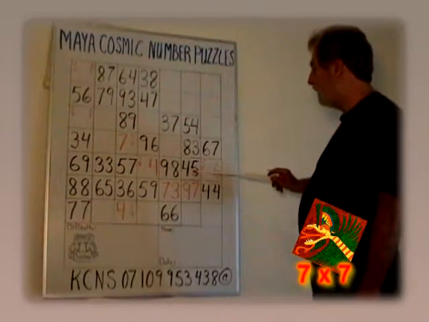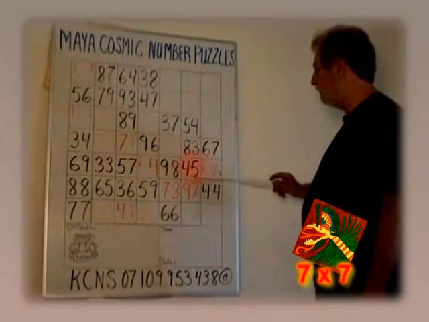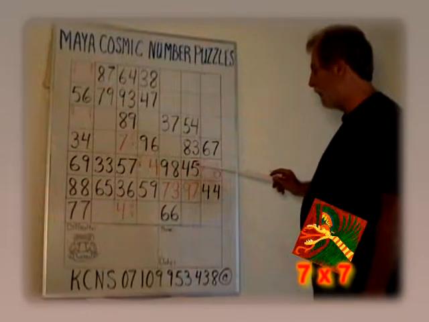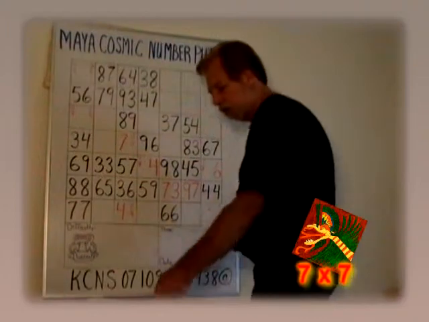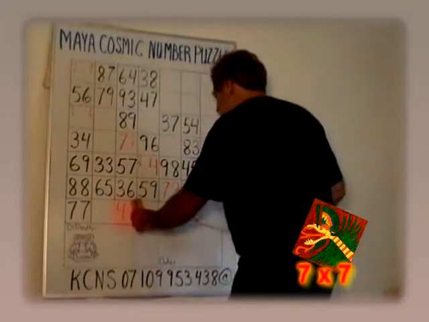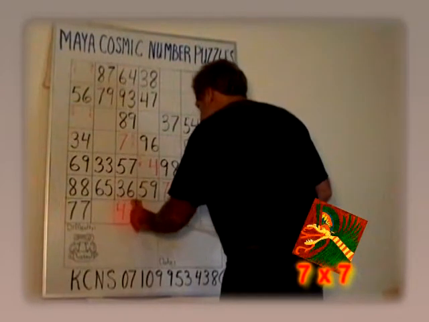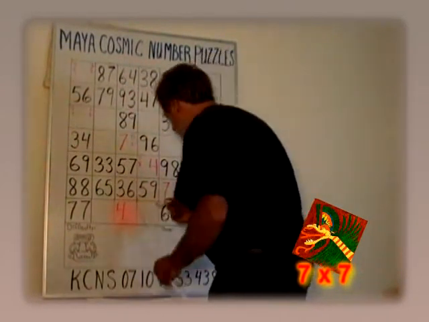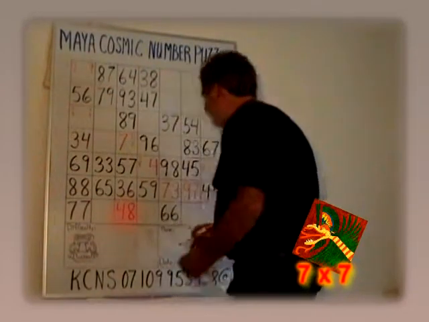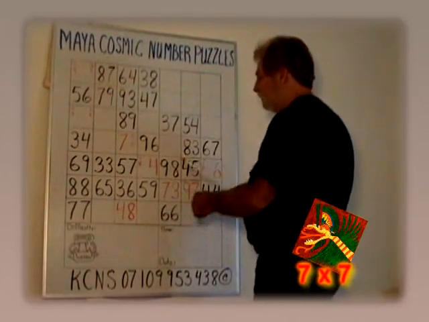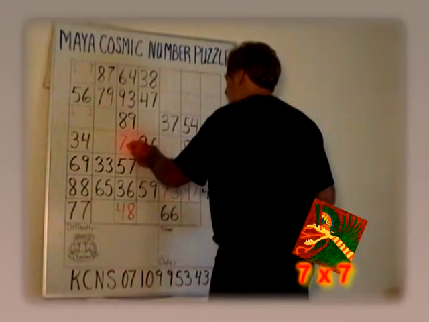So if there is a 45 here, according to the rules of the puzzle, there cannot be another 45 on the puzzle. So that means it has to be a 48. If this is a 48, then that means that this can only be a 75.